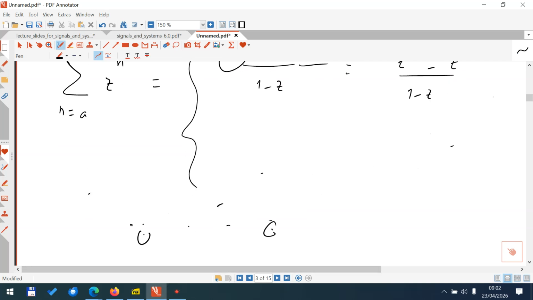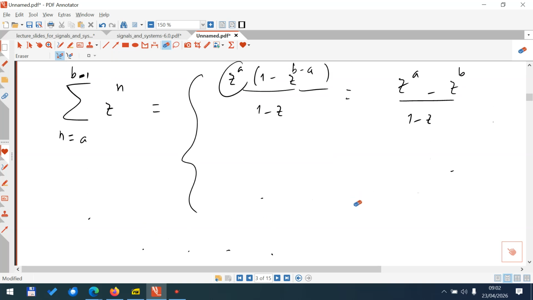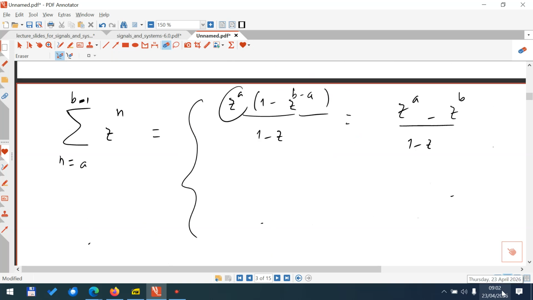Can you give me the conditions under which this formula is allowed? Write the condition here, and that condition has to be on Z. What is the condition on Z for this computation to be valid?